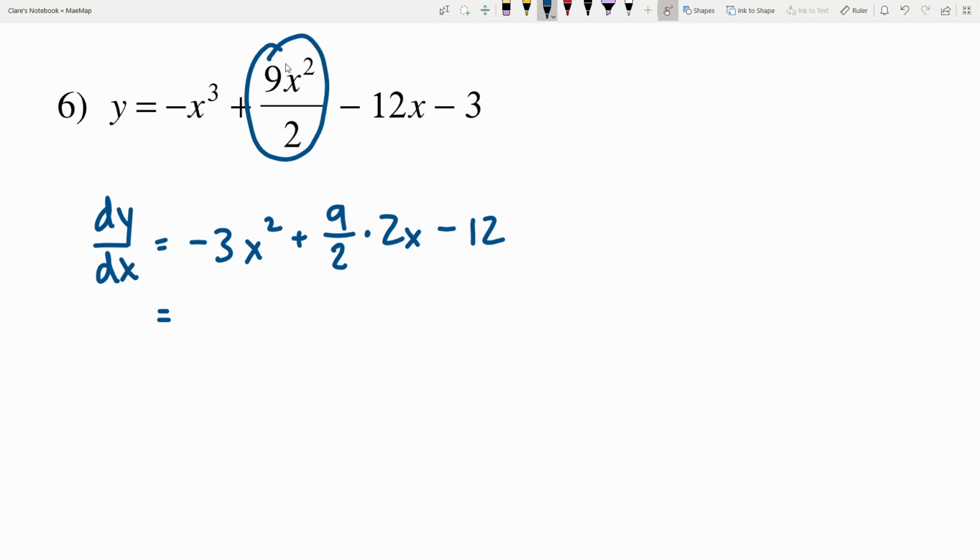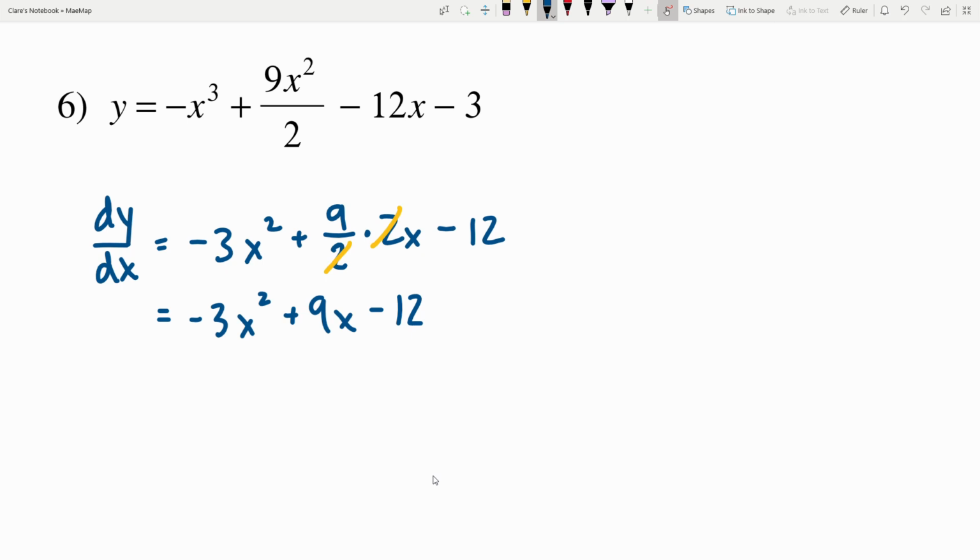I just broke this up and pulled the 9/2 out in front, and then took the derivative of x squared, because 9/2 is just some constant times x squared, or the coefficient of x squared. And you'll see that my 2 will cancel out with the 2 in my denominator. So I'll have negative 3x squared plus 9x minus 12.